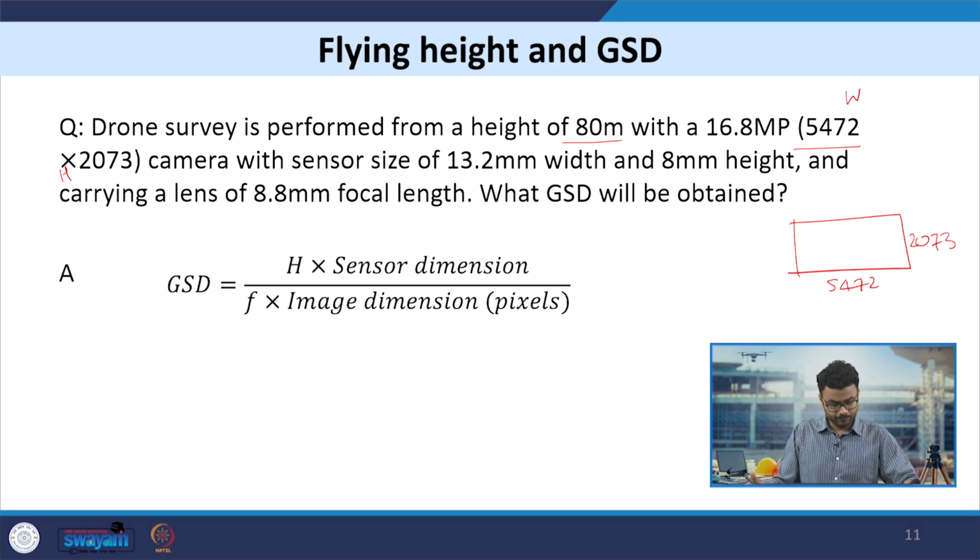So we just saw that ground sampling distance is equal to H by f, the flying height. So we have a flying height of 80 meters divided by the focal length, which is in this case given as 8.8 mm, multiplied by the sensor dimension.